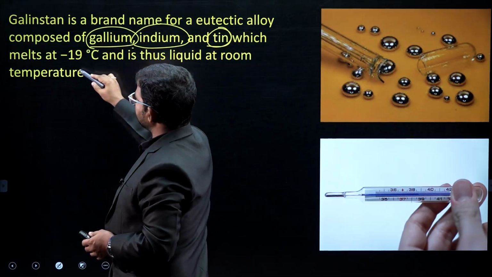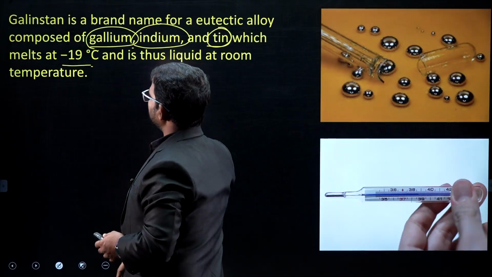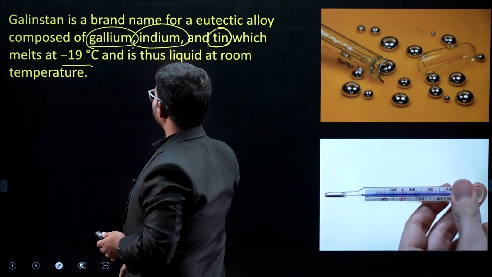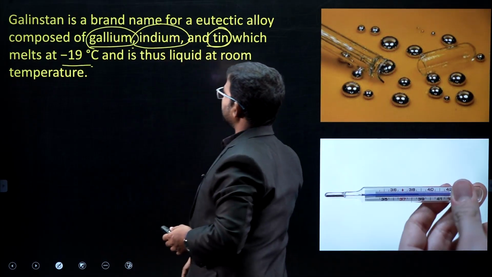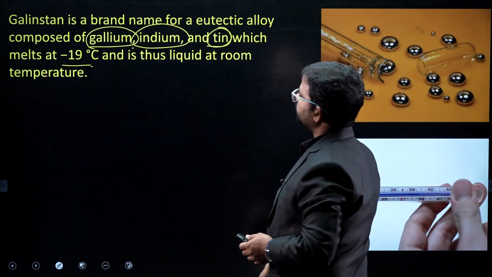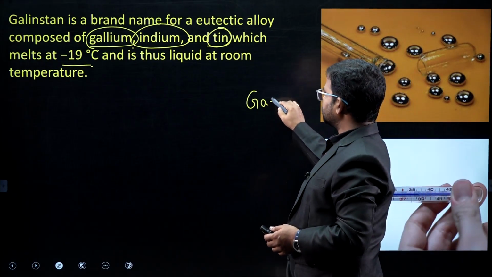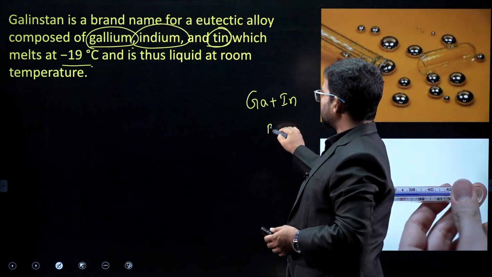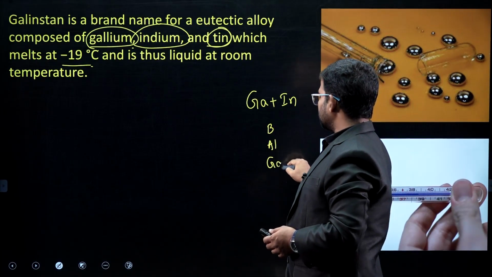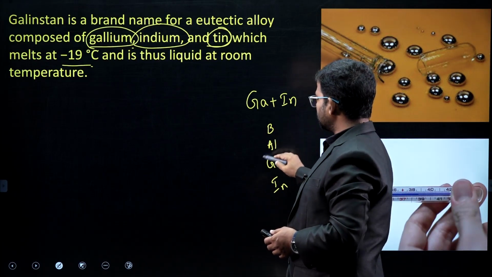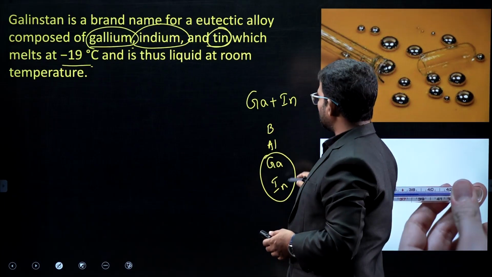Okay, so tin derivatives, and it can be melted at minus 19 degrees centigrade. Of course, it exists in liquid state. So gallium, indium. So boron, aluminum, gallium, indium. These two elements along with tin.